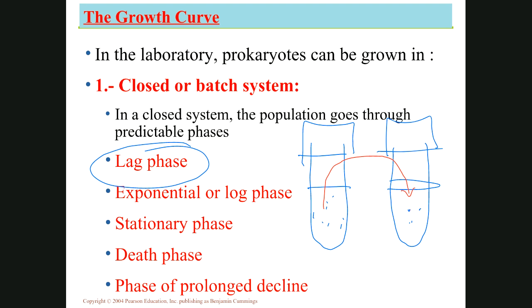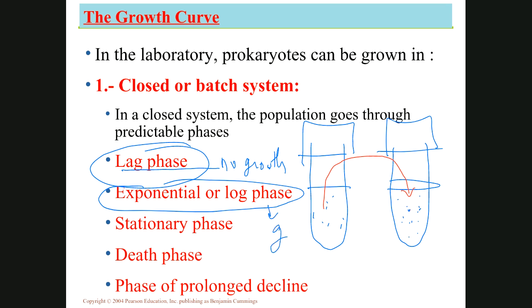They begin to accumulate resources and begin to replicate DNA, and then slowly, as they get out of the lag phase where there is no growth, they're just getting ready for growth, but there's no growth yet. The numbers remain steady initially, and then slowly the population begins to double in numbers, and they go into an exponential or log phase, in which the population is going to double in numbers every generation time.